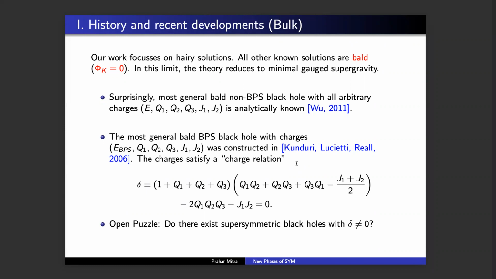So you might have expected that the most general supersymmetric black hole depends on 5 parameters. But in fact, it turns out that the SUSY black holes that were constructed here satisfy this non-trivial charge relation. So these black holes are in fact parameterized by 4 independent numbers. I'm going to refer to this delta as, quote unquote, the 5th parameter. And all known black holes have the 5th parameter equal to 0.